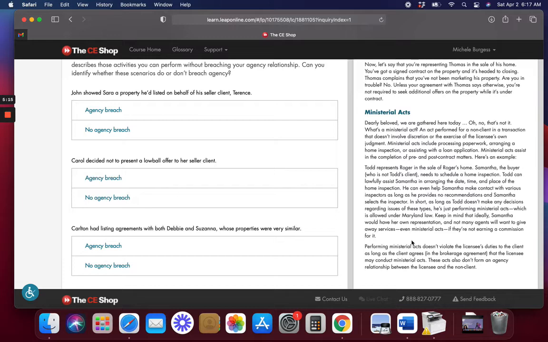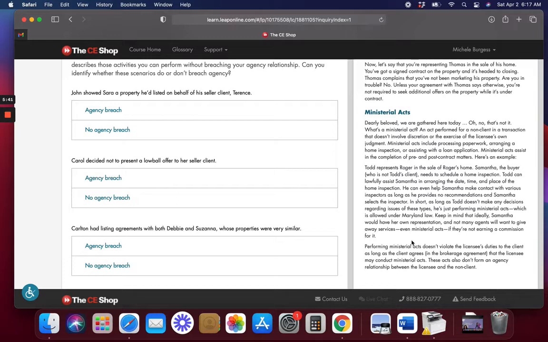Keep in mind, Samantha would have her own representation, and not many agents will want to give away services if they are not earning a commission. Just what I said, he doesn't really have to do it. He isn't going to get any money, right? But we have to look at it in a different way. You never know. Just keep sowing good seeds, and you'll get a harvest, usually in a different way and better than you expect.